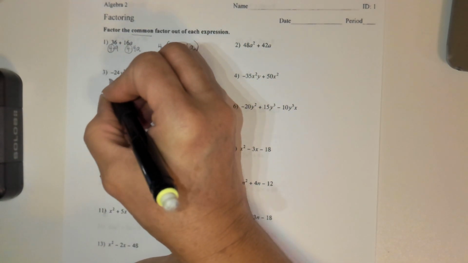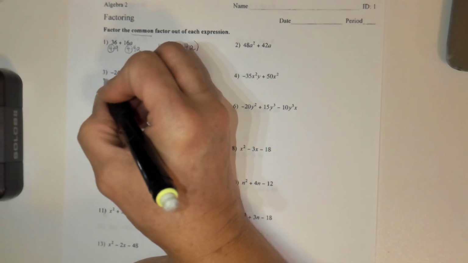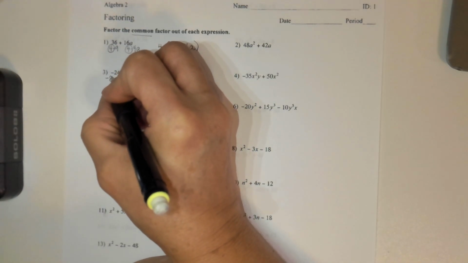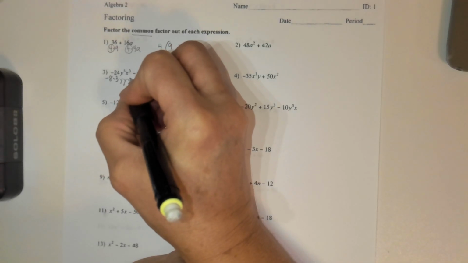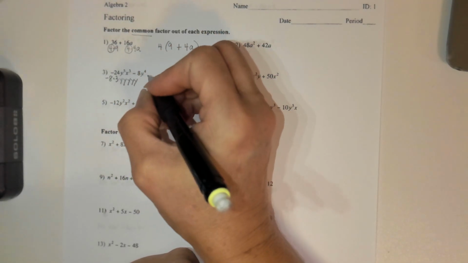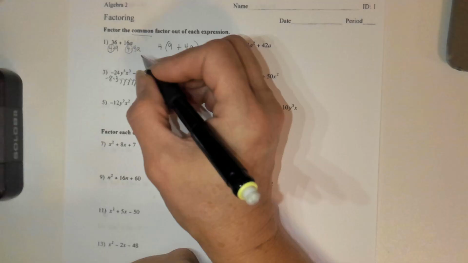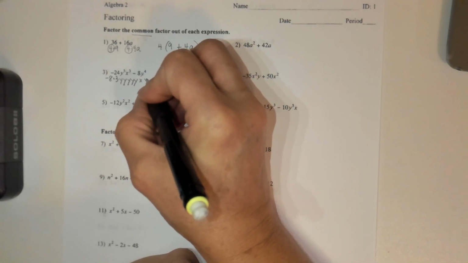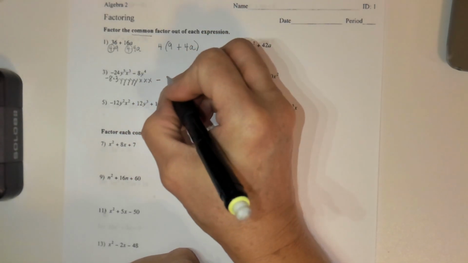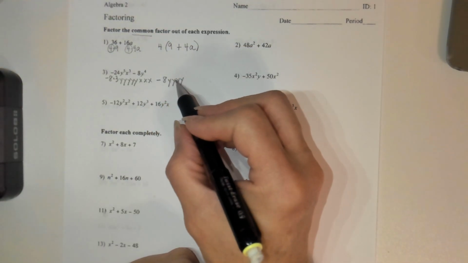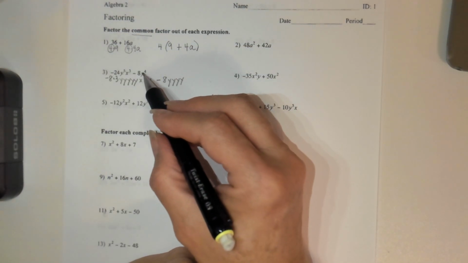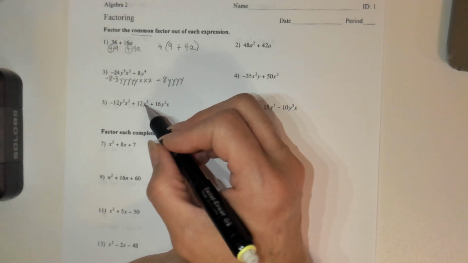I also see they're both negative, so you could think about it like negative 8 times 3 is 24. 1, 2, 3, 4, 5 y's multiply to make a y to the 5. And 4 y's multiply to make a y to the 4th.